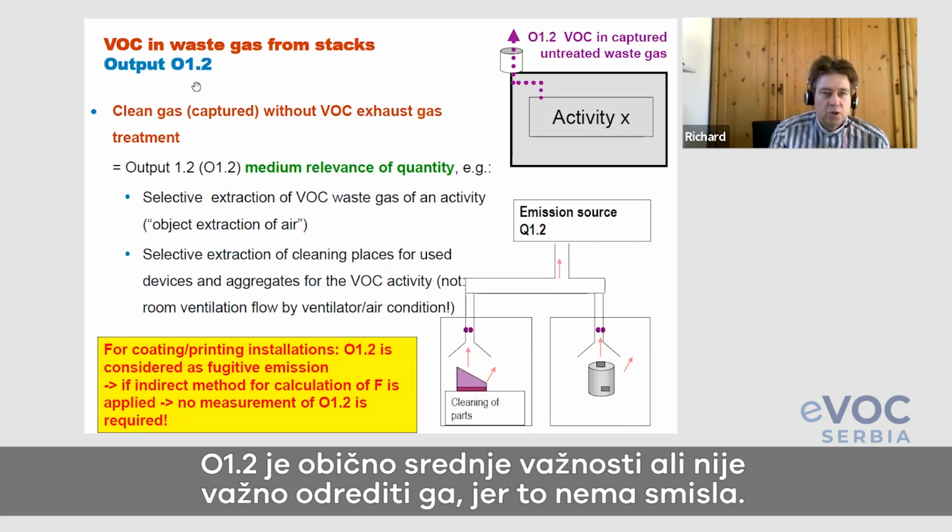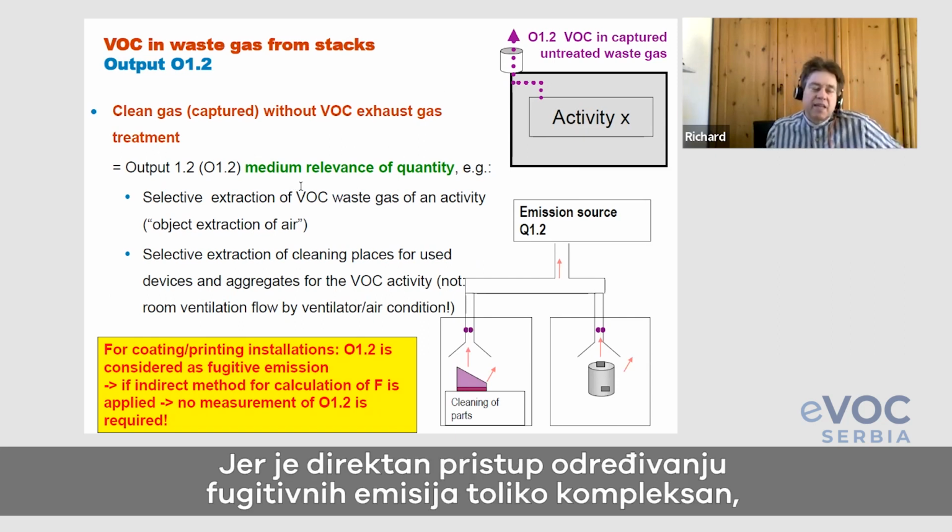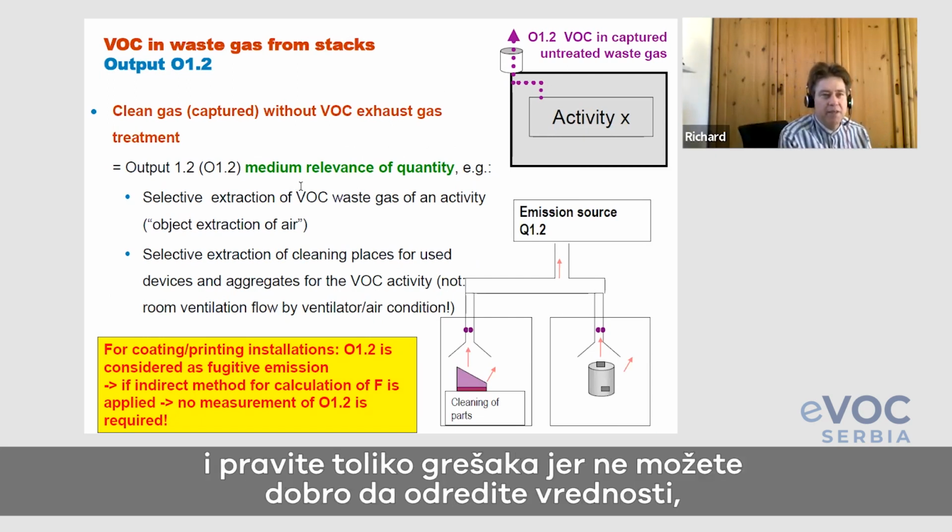O1.2 is normally of medium relevance, but it is not necessary to determine it. It makes no sense. Why? Because the direct approach to fugitive emissions is so complex and you make so many mistakes because you cannot determine the values very well.